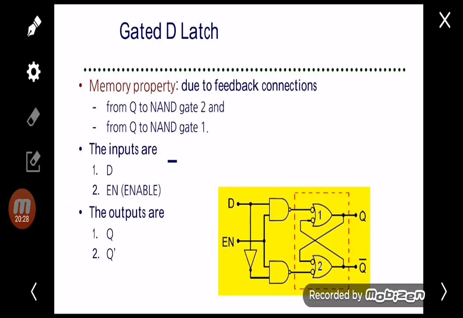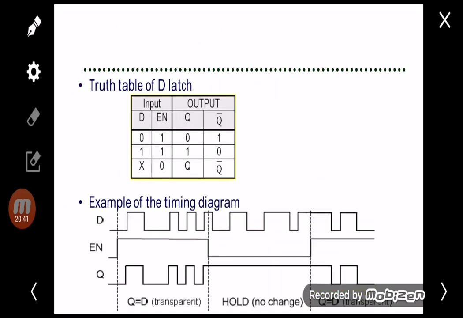Another one is the gated D-latch. It will act as the D-latch, but with the control gate enable here. So if enable is 0, Q will remain hold. If 1, it will follow the D input.